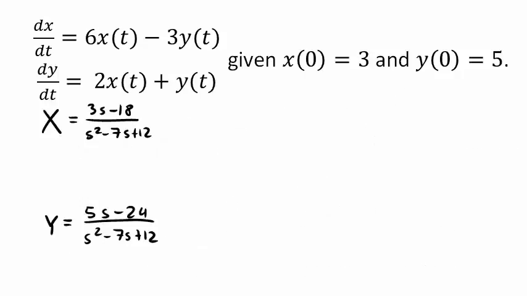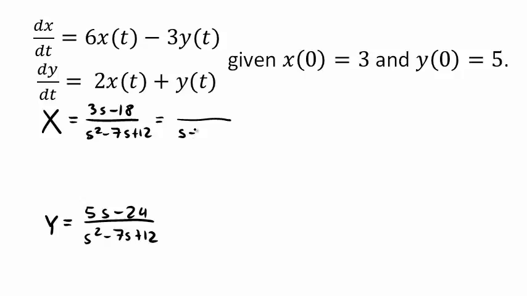In order to transform capital X and capital Y back into the time domain with little x and little y, we need to do something about these expressions, because we can't just read off the table how these should be transformed back. So first of all, I'm going to factorize the denominator.